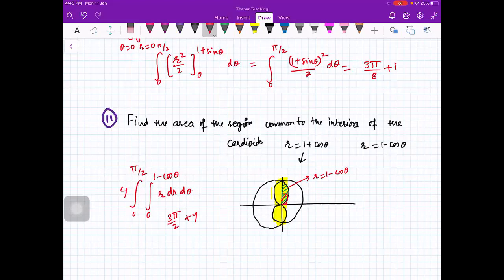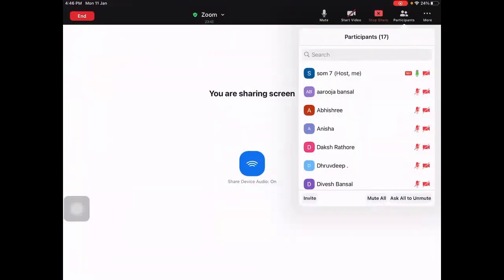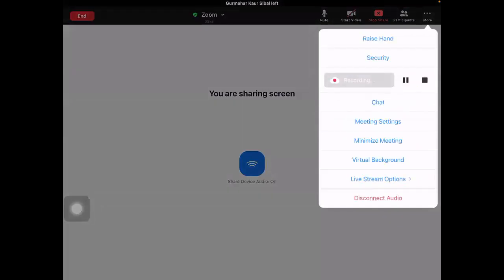So now you can ask me any doubts from this tutorial sheet 8. Anybody having any doubt from this tutorial sheet 8, please ask, beta. There are no doubts. Okay. So if there are no doubts, then we can discuss further tutorial 9.